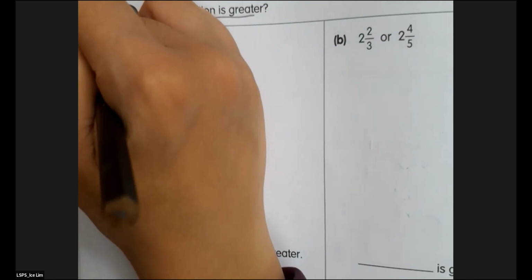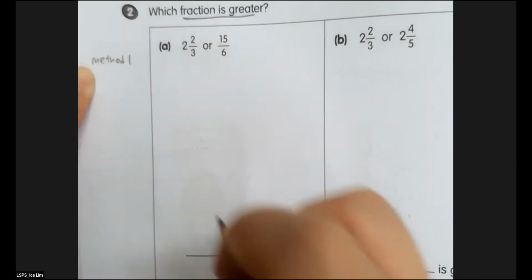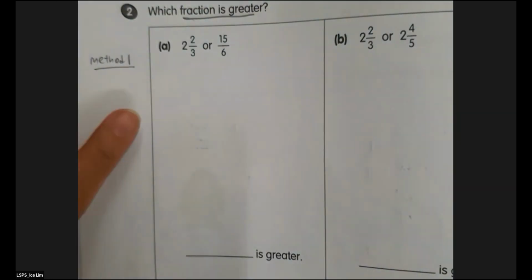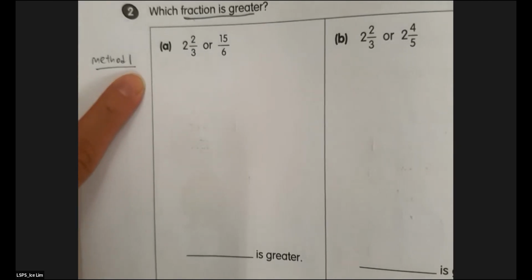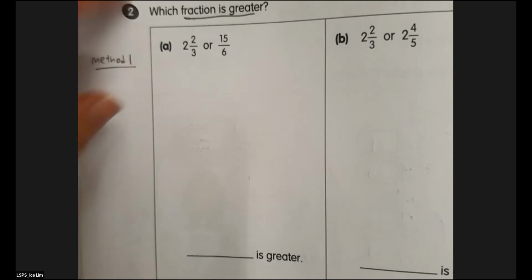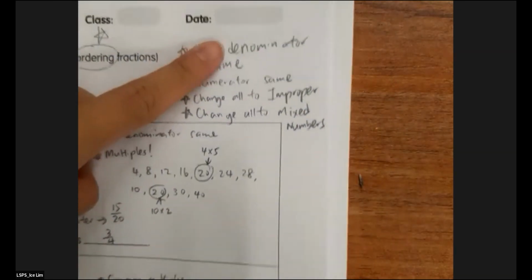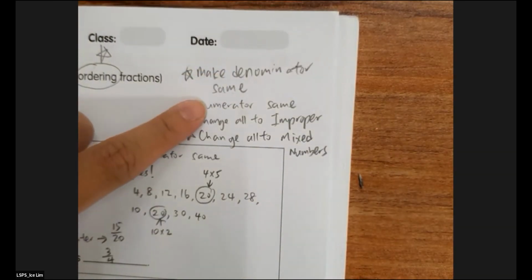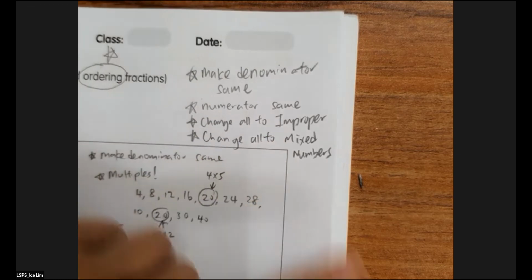Method 1. Owen, what do you think is my method 1? Maybe you can suggest. What do you suggest is my method 1? No, what is the method? The methods I'm talking about are finding the denominator same, numerator same, change to improper or change to mixed number.